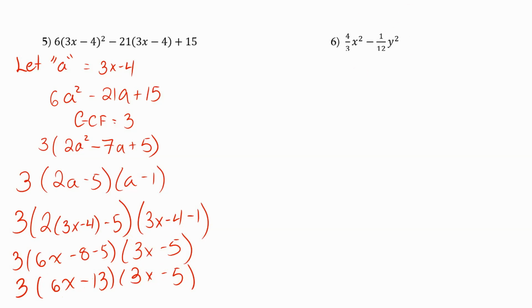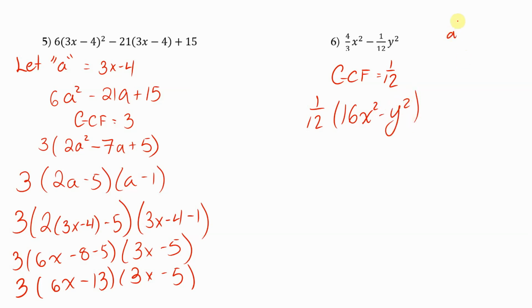And for the next one, if you notice, we have the a squared minus b squared. This is another difference of squares. And what we can do is we can just take out a GCF first, greatest common factor. If you notice here, a greatest common factor we can take out is 1 over 12. We can take that out, giving us 1 over 12 times 16x squared minus y squared.